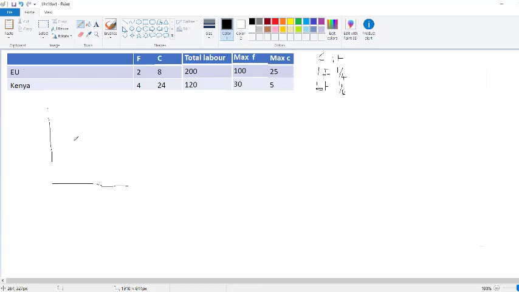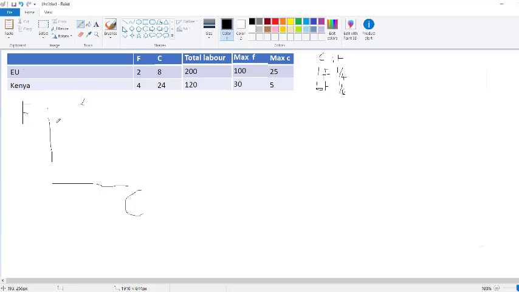Okay, so let's just draw the PPC in. It's up to you what you want to put in terms of the margins. Let's put chemicals here, so it's similar to the textbook, and we put food here. And we look in terms of Kenya.